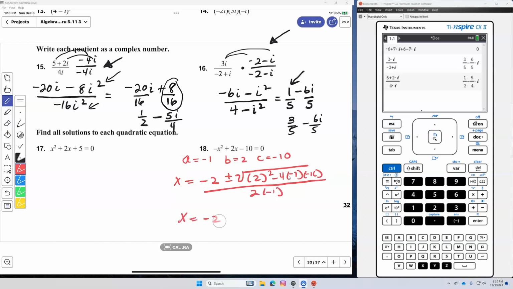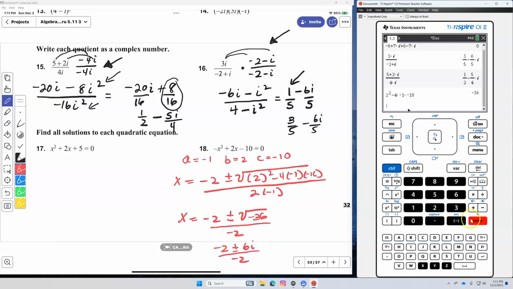So x equals negative 2 plus or minus the square root. And so we're going to have to figure out the discriminant. So we have 2 squared minus 4 times negative 1 times negative 10. It's negative 36, divided by negative 2. So you have negative 2 plus or minus 6i divided by negative 2. So the answers are 1 plus or minus 3i.